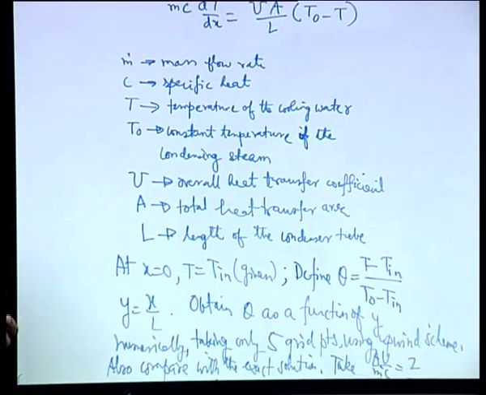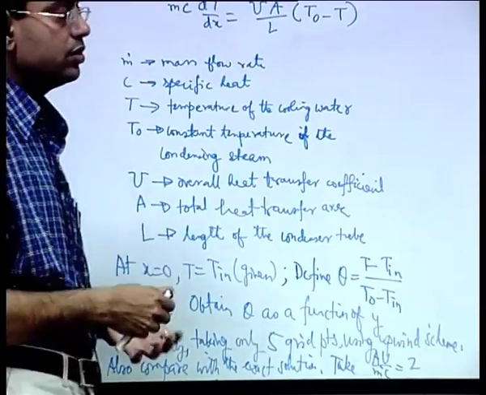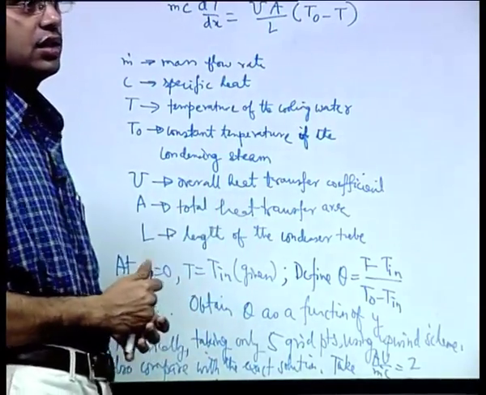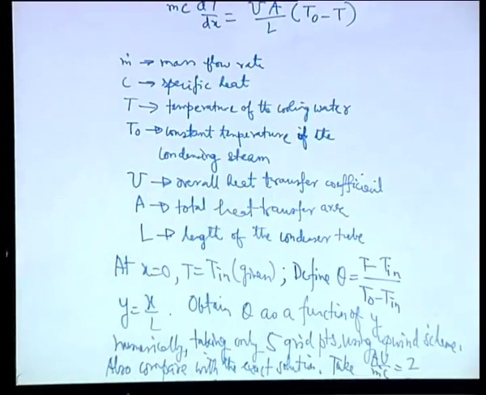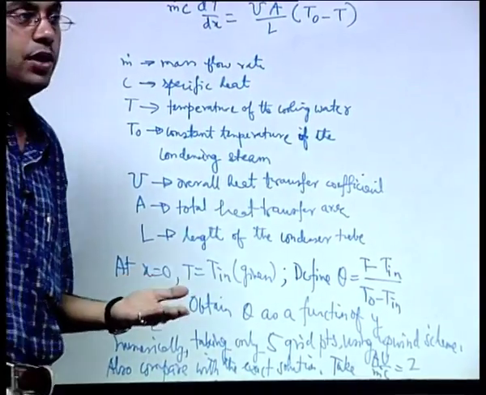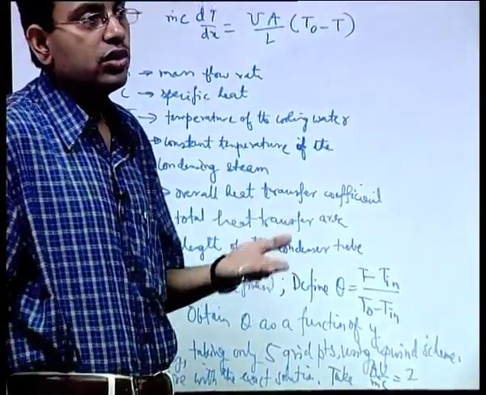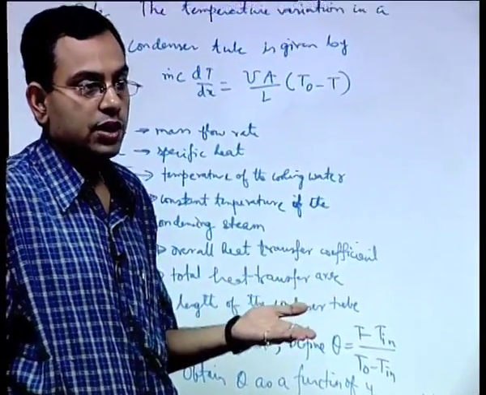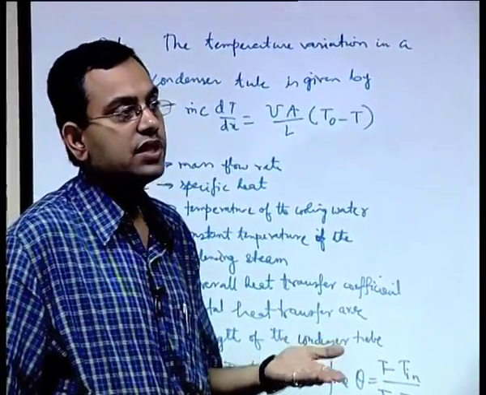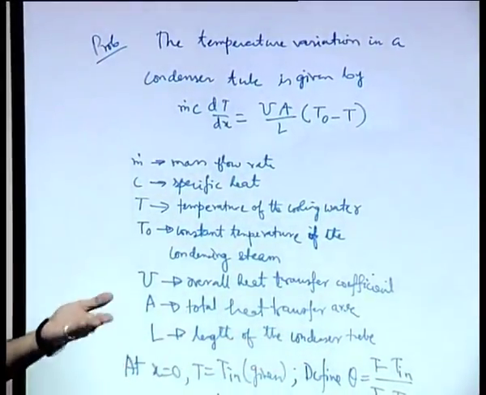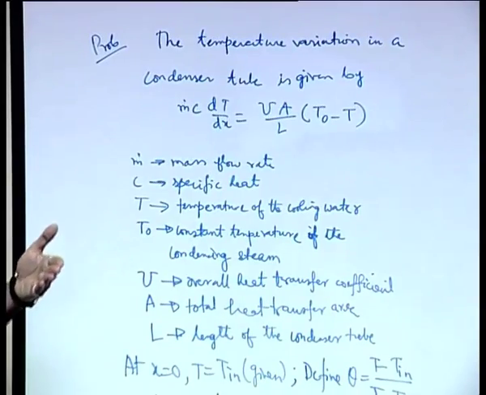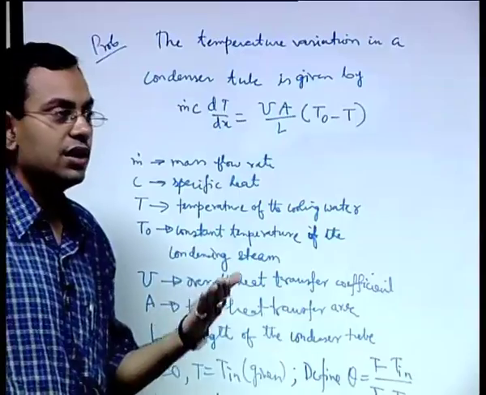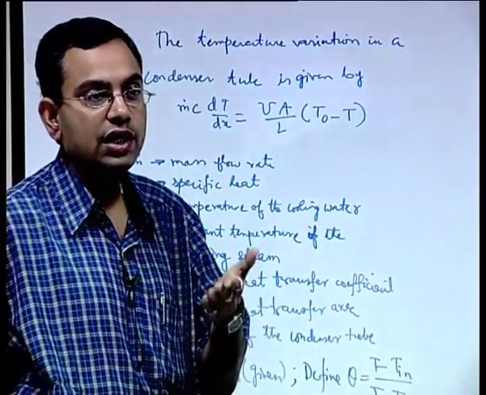So, the physical problem, as you know what a condenser is in a power plant, in a thermal power plant for example, you require to condense the steam. So, to do that you have some cooling water, and the steam in effect of heat transfer with the cooling water rejects heat to the cooling water and gets condensed.